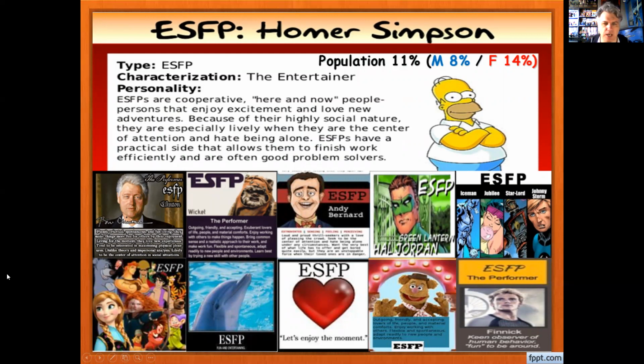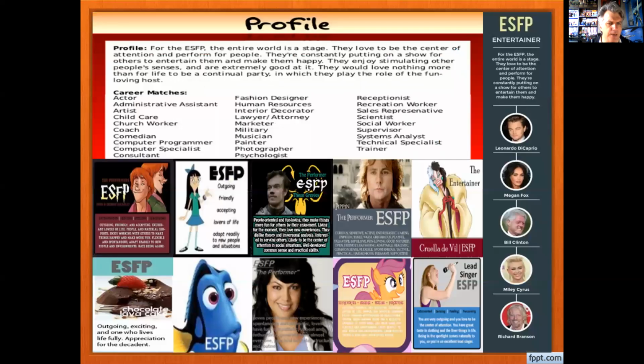So these practical side, finish your work efficiently, pretty good problem solvers, though how Homer falls into that, I'm not sure. The entire world is a stage. And again, you look at your other people here, you'll see the agreement there on Bill Clinton. Leo DiCaprio falls into that as well. Nothing more than for life to be a continual party in which they play the role of the fun-loving host. And Dory falls into that as well.